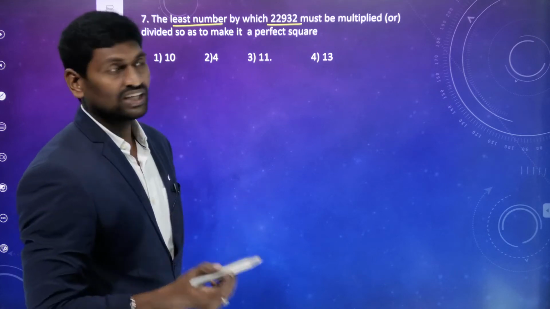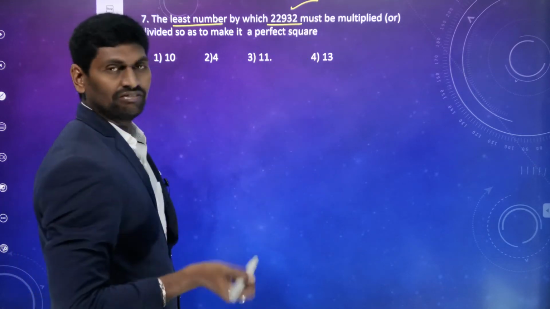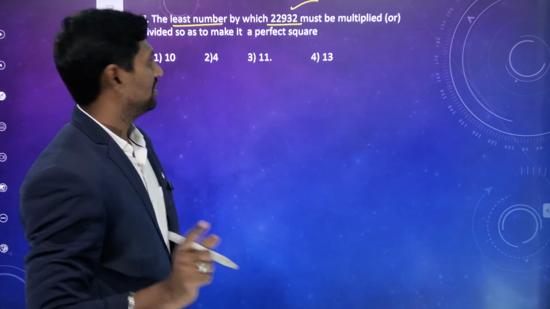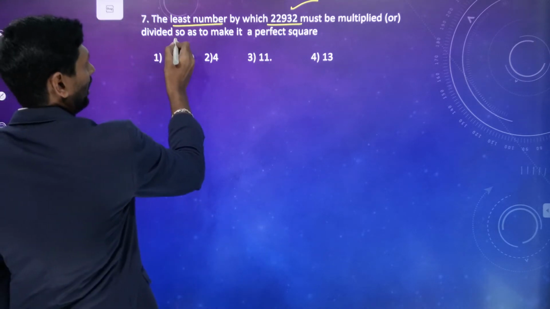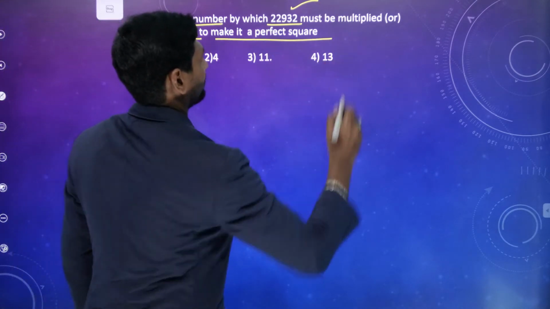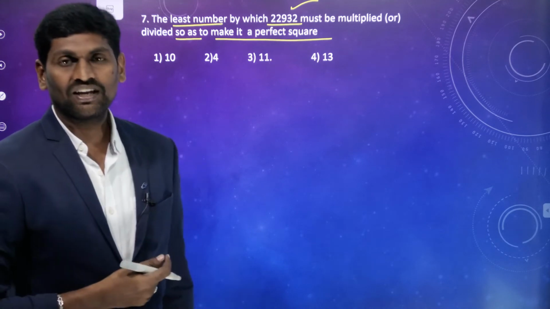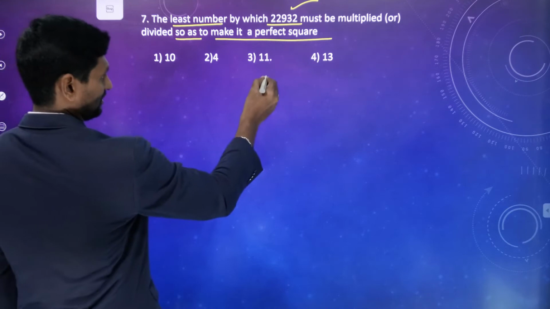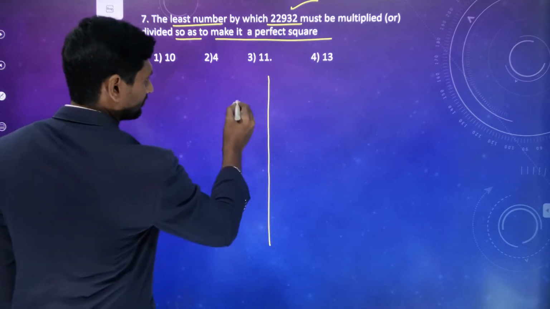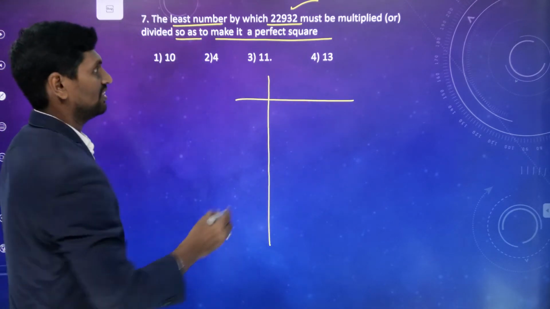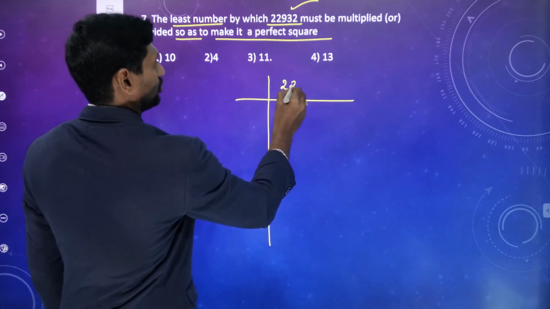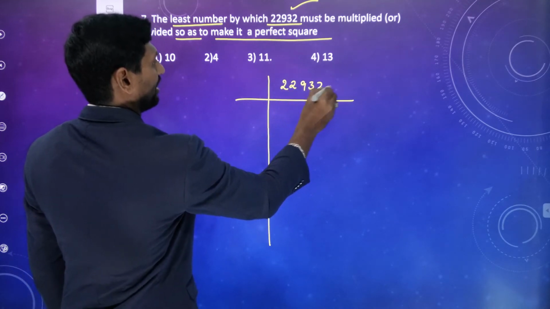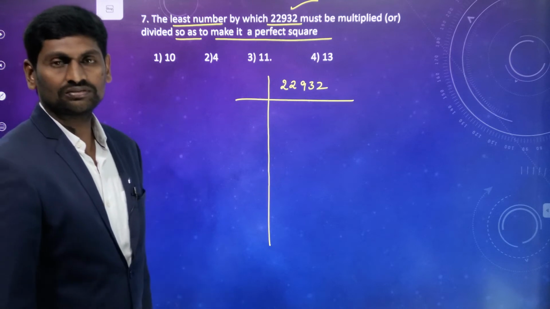Right, let us check. Same process: 22,932. We should identify the prime factors first.